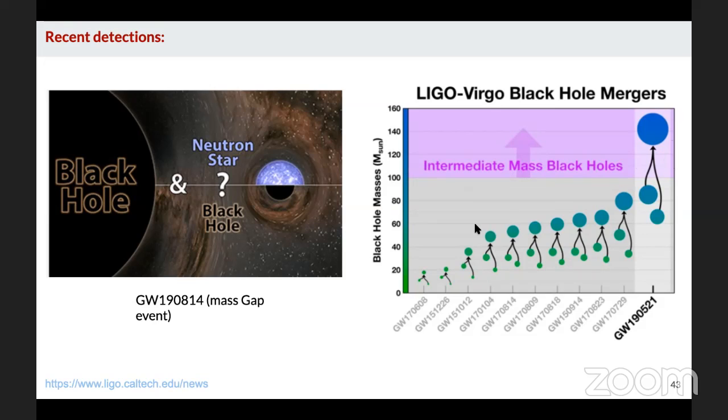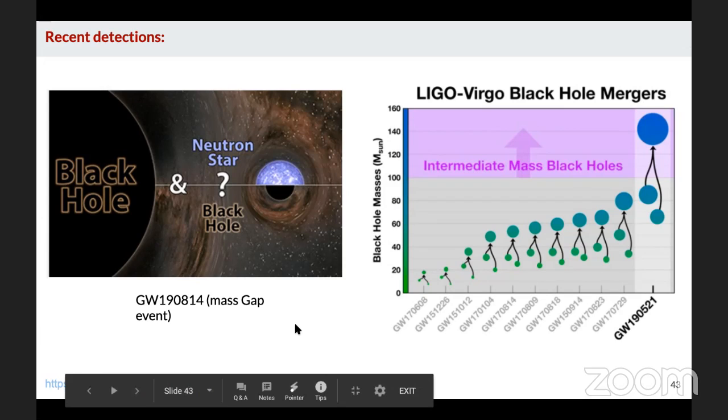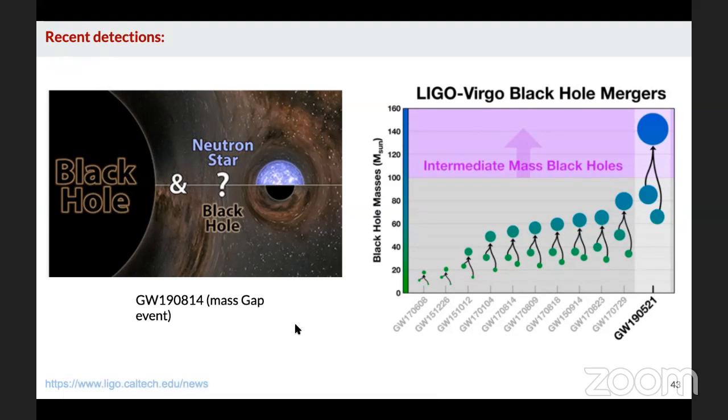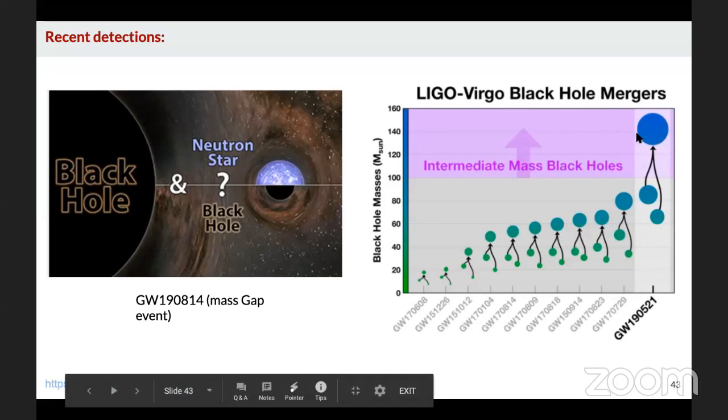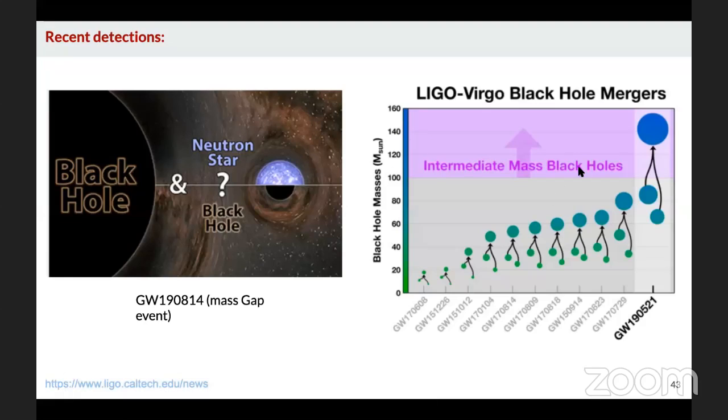Now, it's very hard to tell whether intermediate mass black holes exist or not. Why? Because most black holes originate from stellar evolution. We have a star, and it ends its life as a neutron star or black hole. But we don't understand these black holes which are of 100 solar masses and above. How do they form?